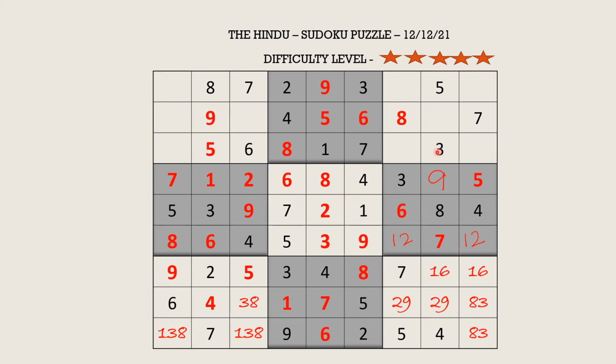Moving up here, we can see this row having 3 empty cells and the missing numbers are 2, 4 and 9. Fine. If you see here, you have a 4. So that means this cell will take 2, 9.